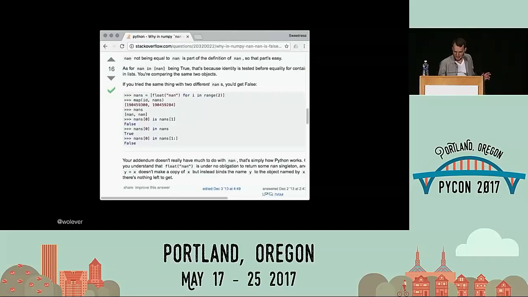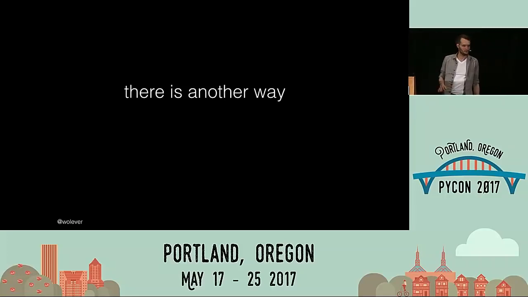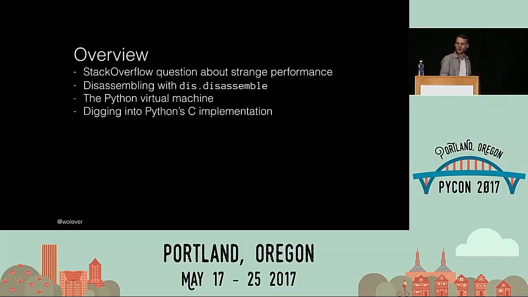But I'm here to tell you that there is another way. It might not be a better way, or even necessarily a very good way, but it's definitely an interesting way. So over this talk, I'm going to be telling you the story of answering a Stack Overflow question about some strange performance characteristics. And I'm going to be doing that working mostly from first principles.